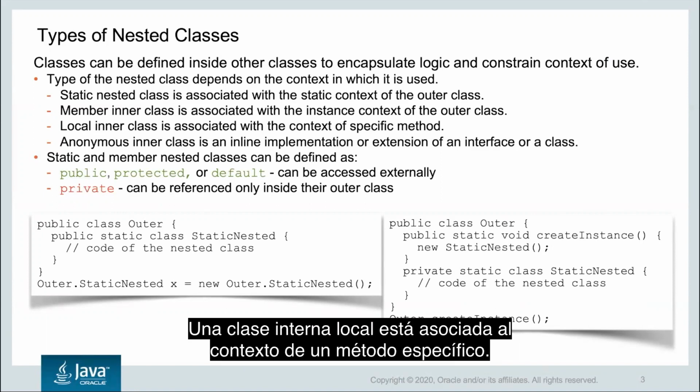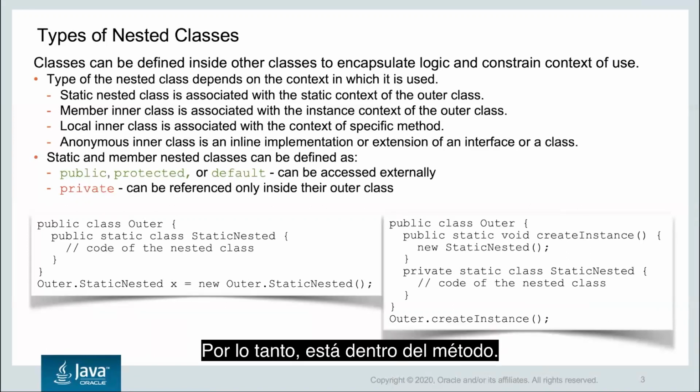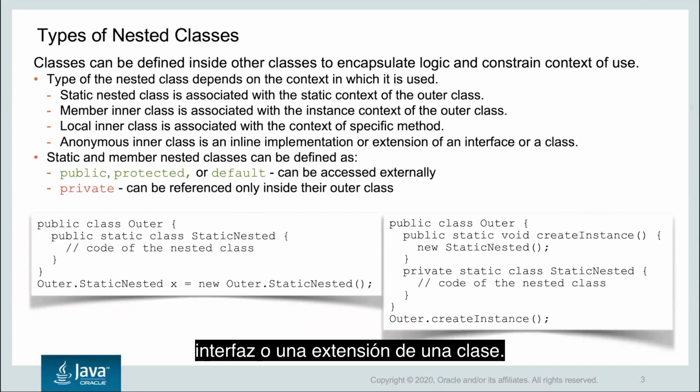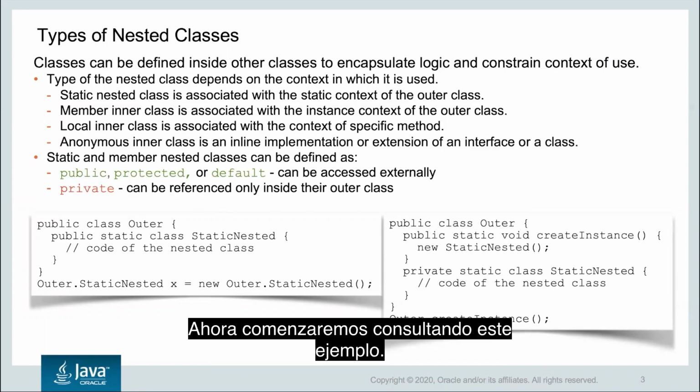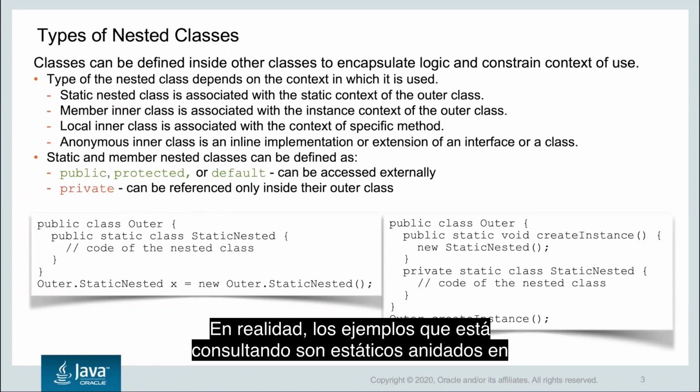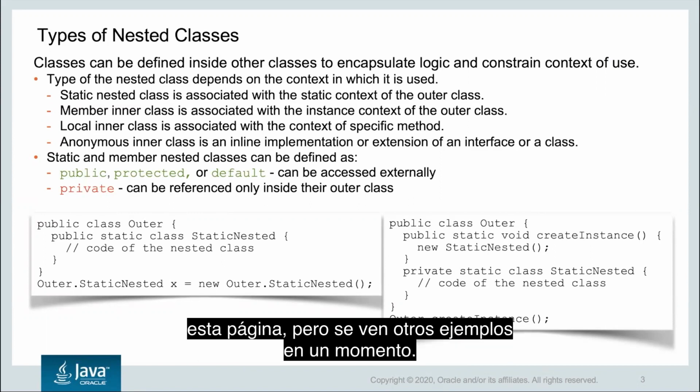A local inner class is associated with the context of a specific method, so it's inside the method. An anonymous inner class is just an inline implementation of an interface or an extension of a class. Now, we'll start by looking at this example. There are a couple of examples here. The examples you're actually looking at are static nested in this page, but we'll see other examples in a moment.